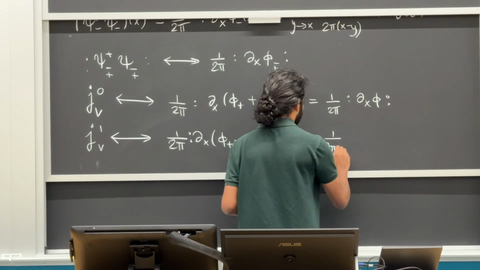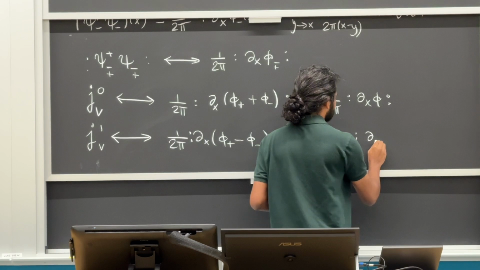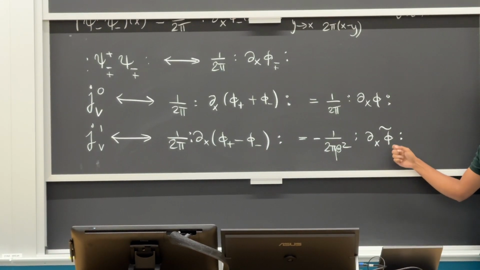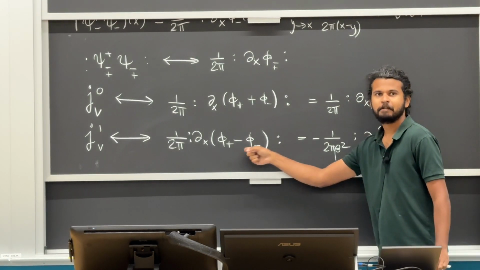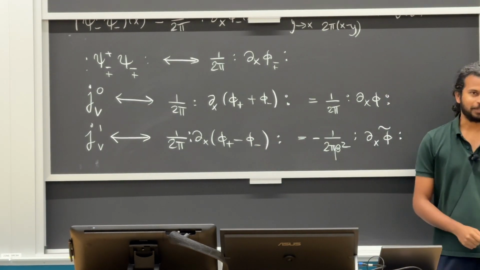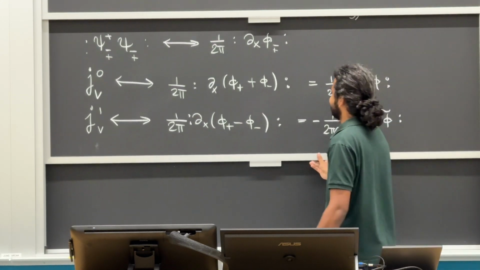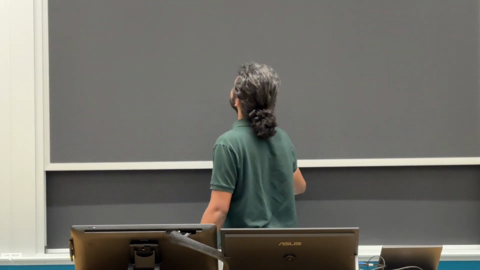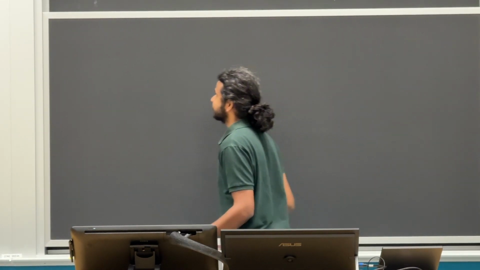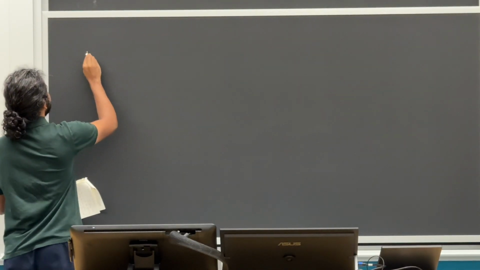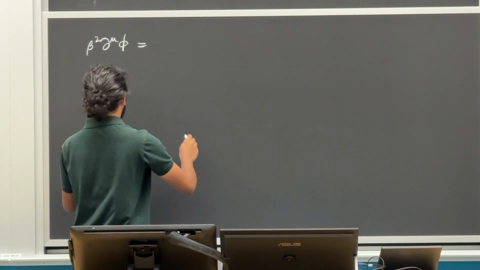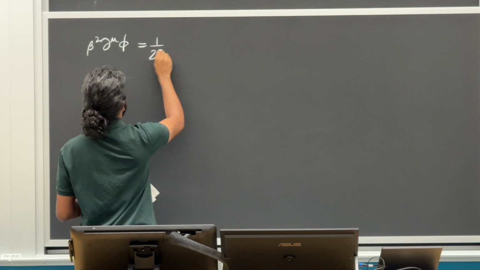D squared dx phi twiddle was beta squared phi minus minus phi plus. If you check notes from last week, you can see that. Let's recall T-duality. T-duality gave us this relation, 1/2.